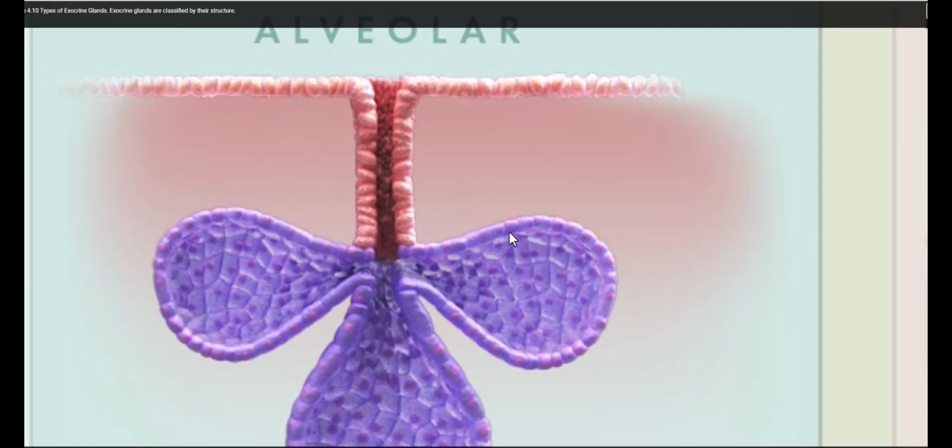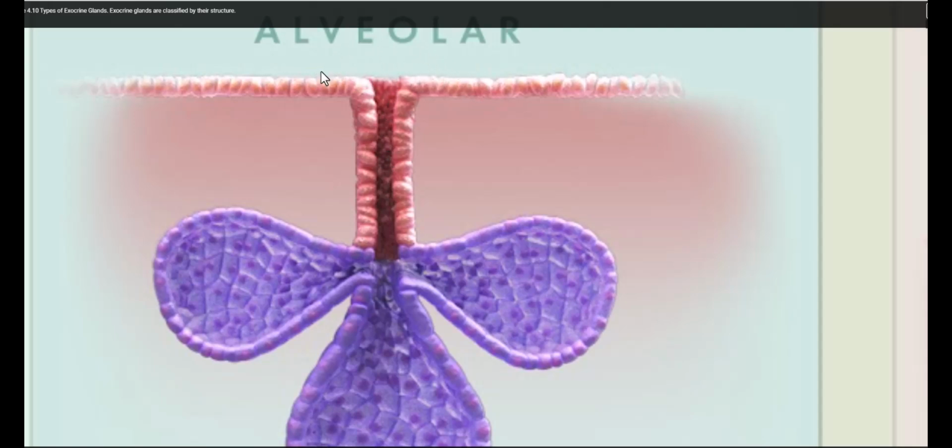These are the epithelial cells. They are releasing some sort of substance. And that substance, as you can see, is then going to lead up a duct and go to the surface. So exocrine glands all have epithelial cells releasing a product, and that product goes up a duct, up a tube, and eventually goes to the surface of an epithelial layer.